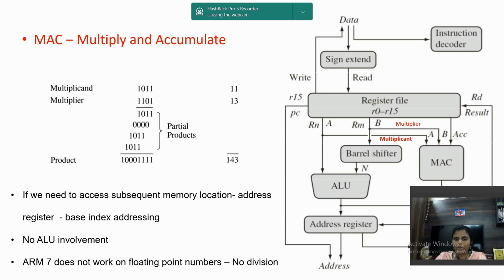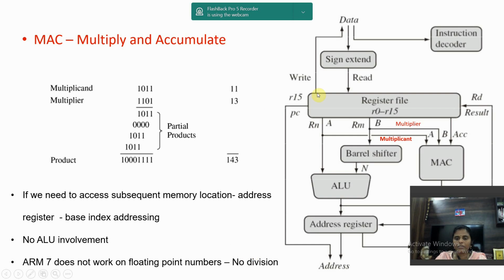What I need is 1.5. ARM7 does not support floating point numbers like 1.5. The point is not possible in ARM7. So no division is possible in the case of ARM7, which is a basic microcontroller.